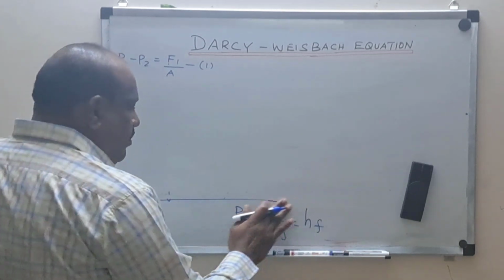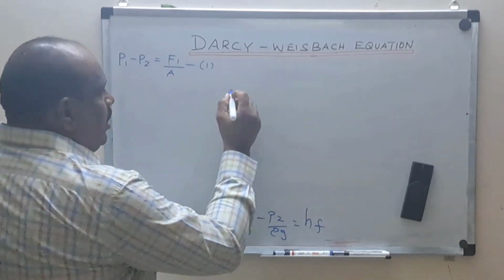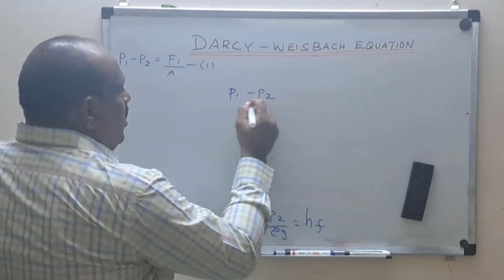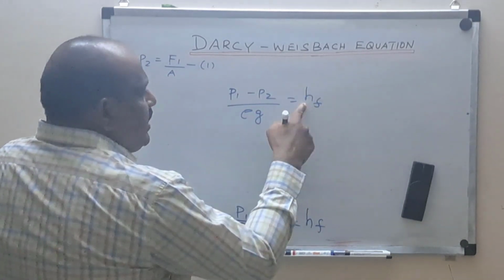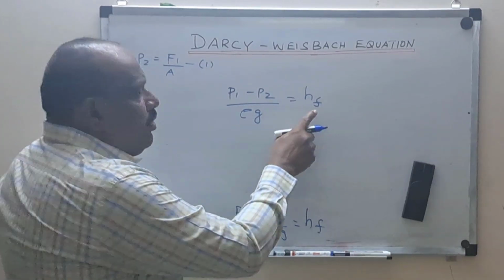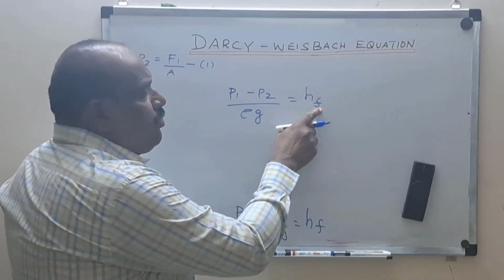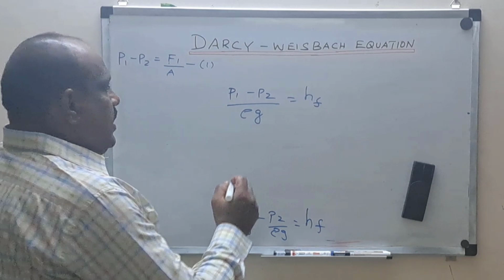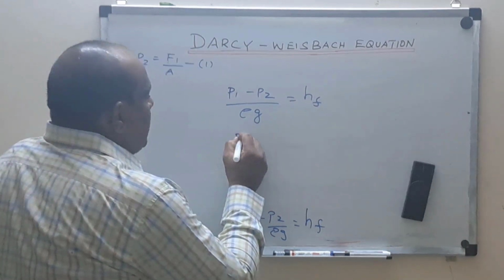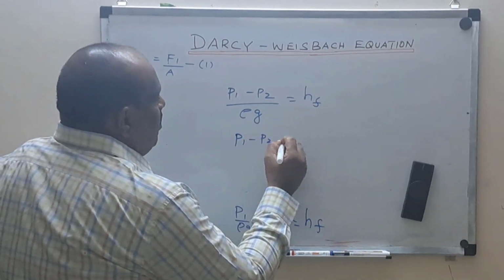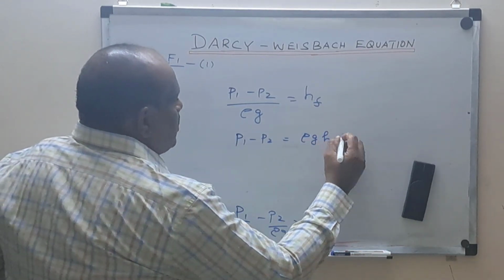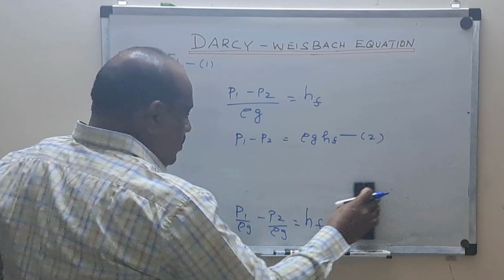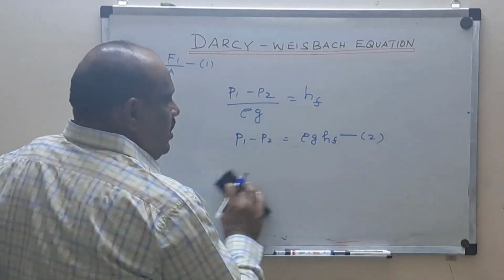If I take the LCM, it will be P1 minus P2 by rho g is equal to hf, that is, loss of head due to friction. So from this, P1 minus P2 will be equal to rho g hf. Let us call this equation number 2.